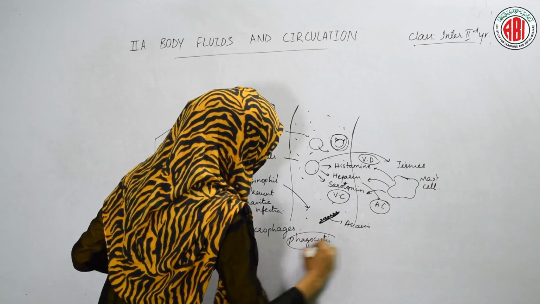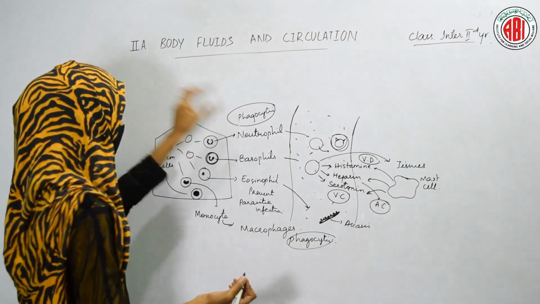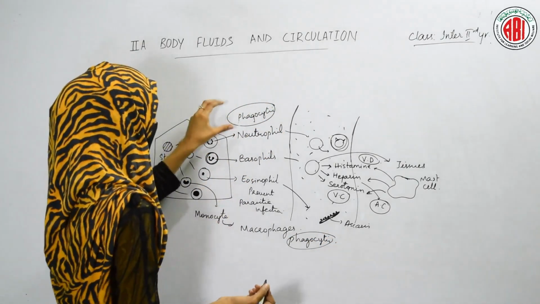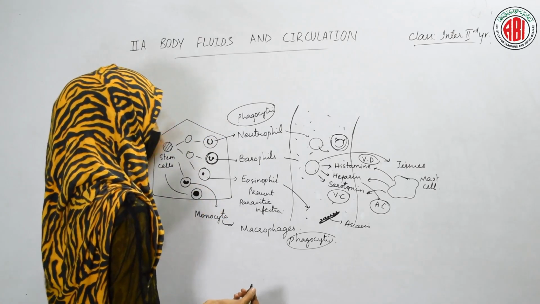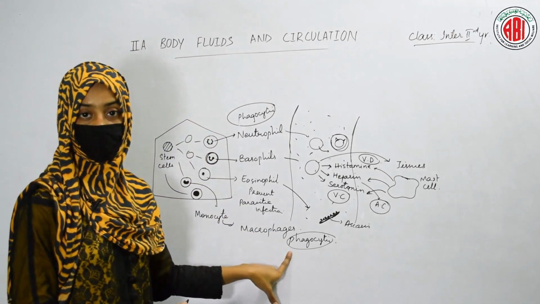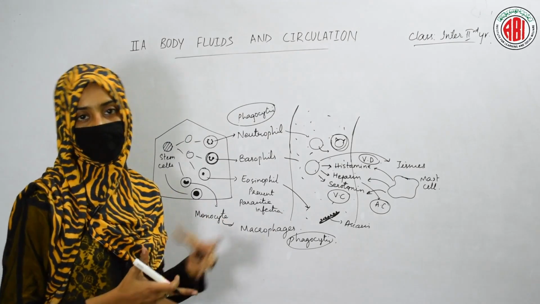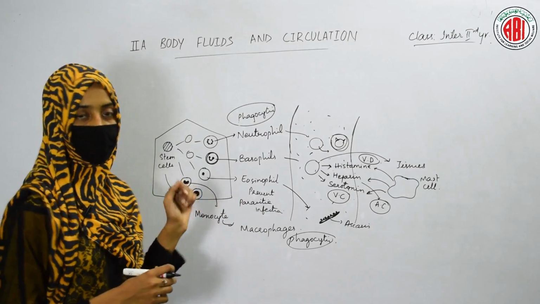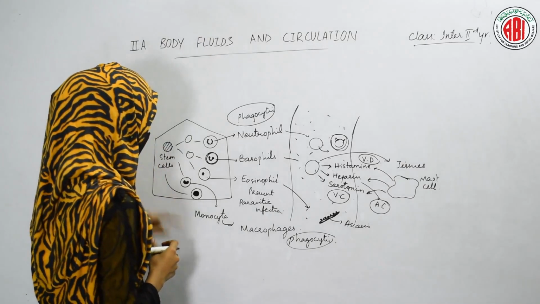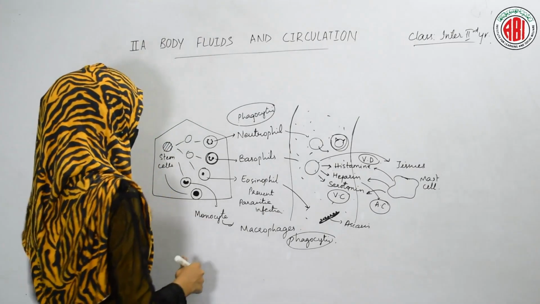Among all the white blood cells, neutrophils and macrophages are the two types of cells that are phagocytic in nature, which helps in engulfing foreign particles and preventing bacterial infection. This is the role of macrophages, which are nothing but our monocytes.